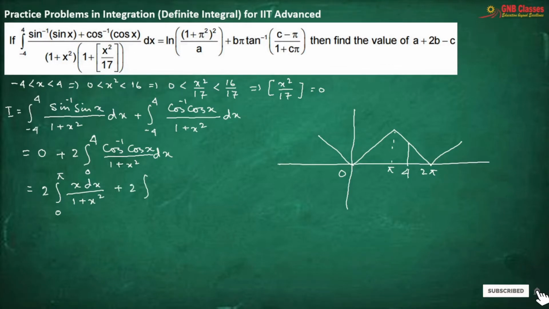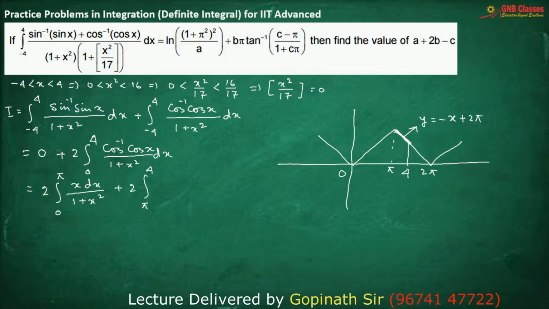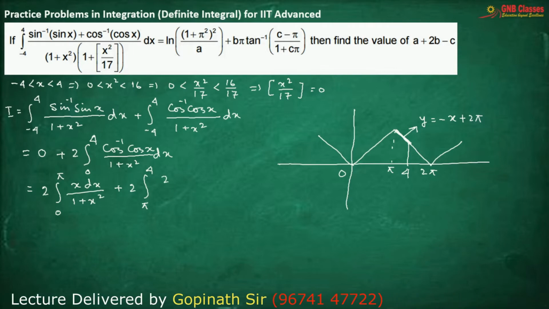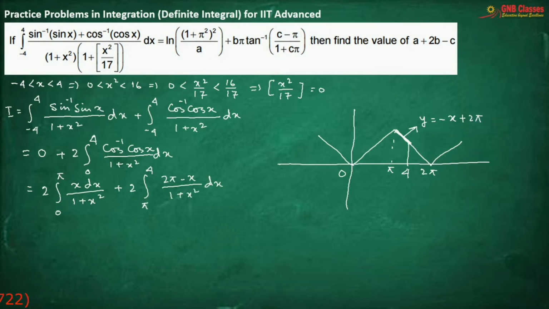And from π to 4, this is any point between this line, right? The equation of this line is y = −x + 2π. So cos⁻¹(cos x) in the range π to 4, we will write it as (2π − x)/(1 + x²) dx. Is it clear to all of you?